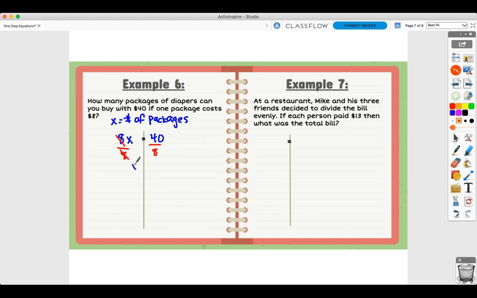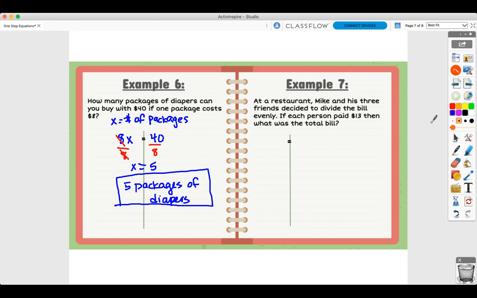And 40 divided by 8 is 5. So you can buy 5 packages of diapers. Okay? Let's do another one.